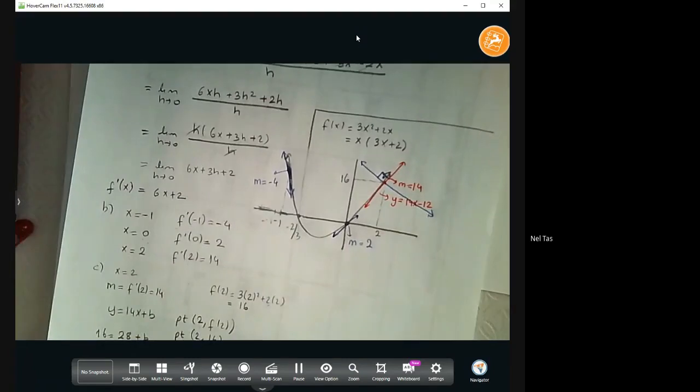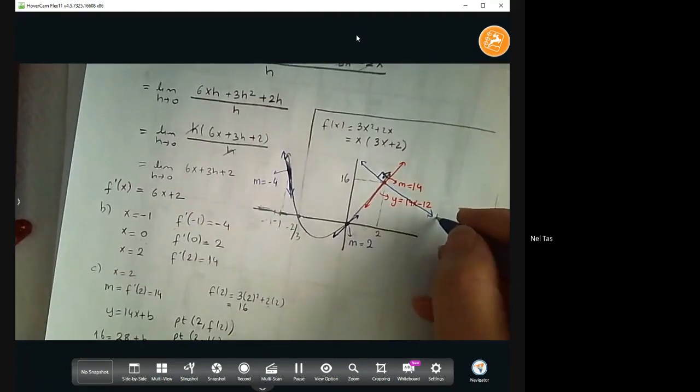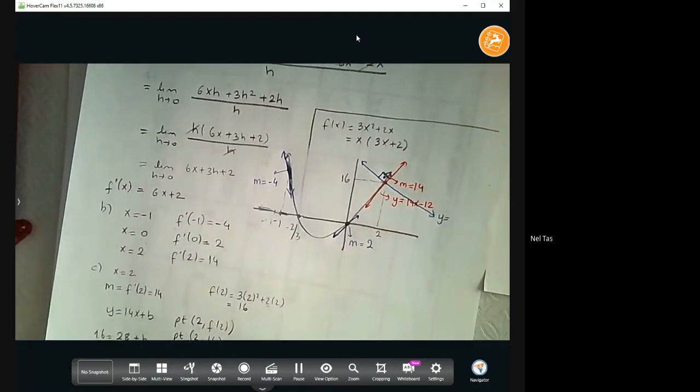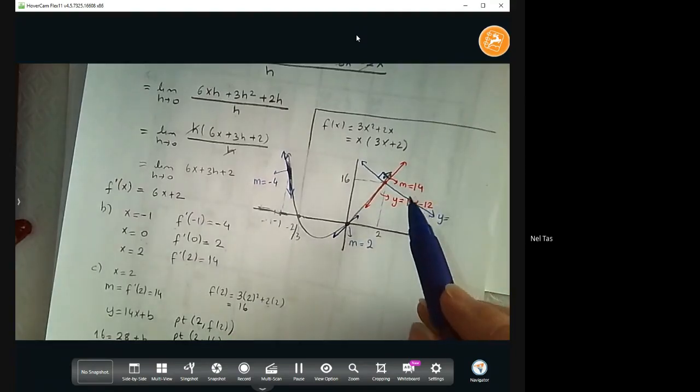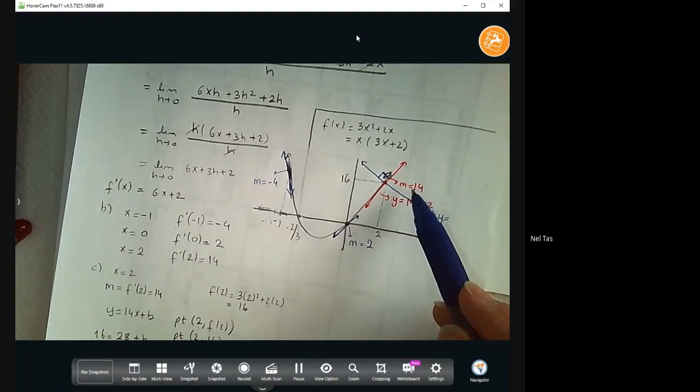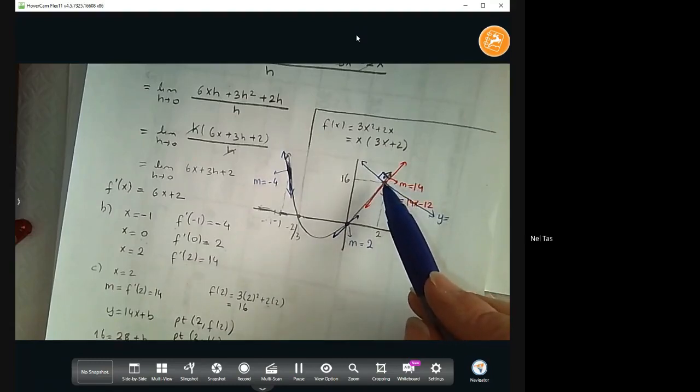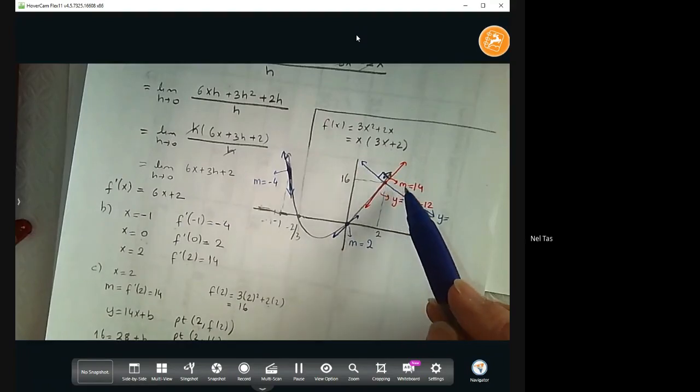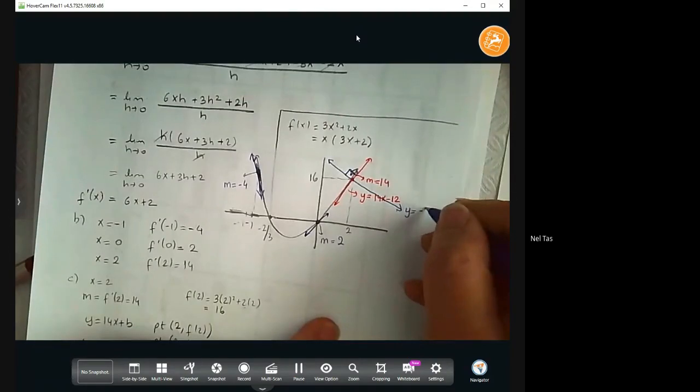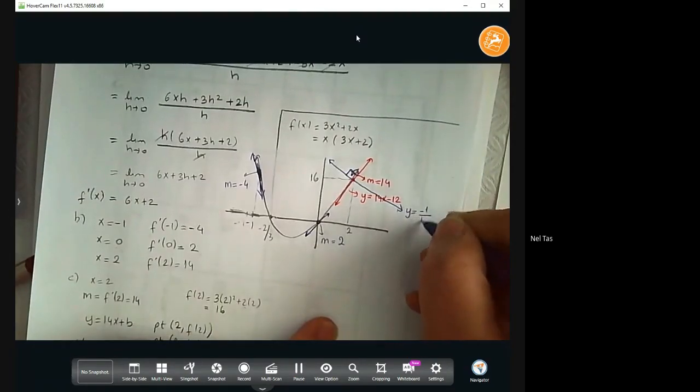So we want to know the equation of this perpendicular line. Let's remember, if you have a slope of 14, the slope of the perpendicular line is going to be the negative reciprocal of that slope. So we know that the slope of it is going to be negative 1 over 14.